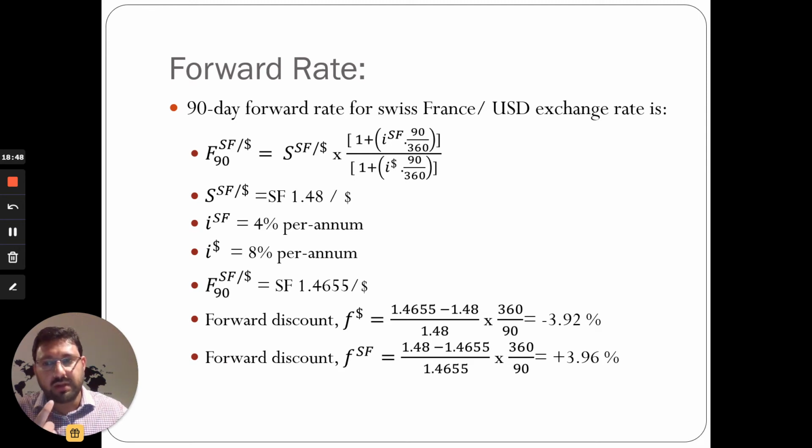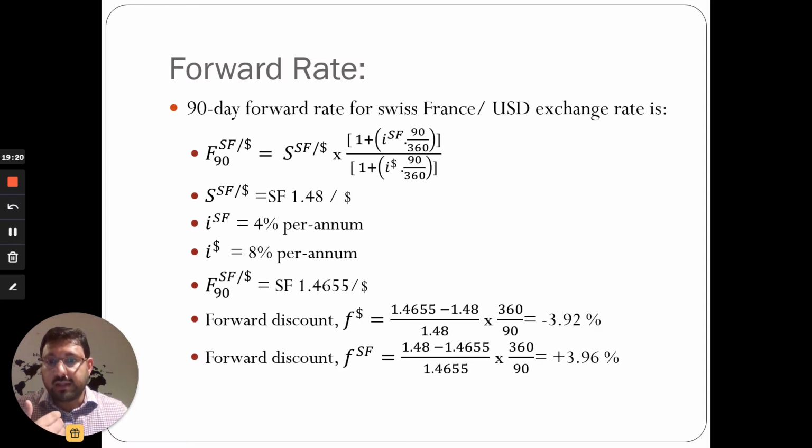The spot rate is saying that we need 1.48 Swiss franc in order to buy one US dollar, but the forward rate is saying that, given the difference in the exchange rate and the level of the spot rate right now, after 90 days the spot rate should be 1.4655 Swiss franc for each dollar. So it means that the worth of the US dollar has decreased, so it is selling at a discount.